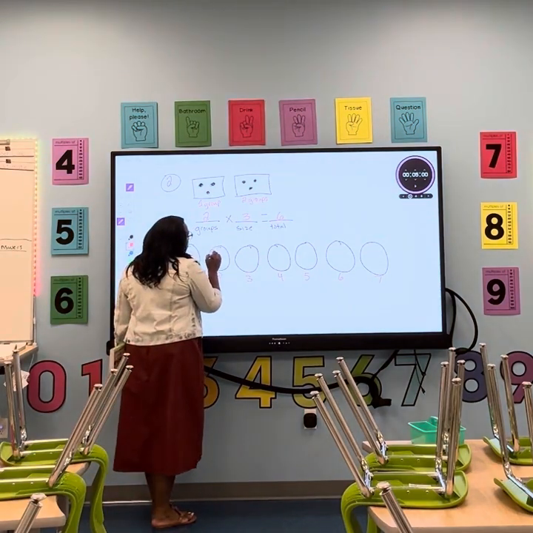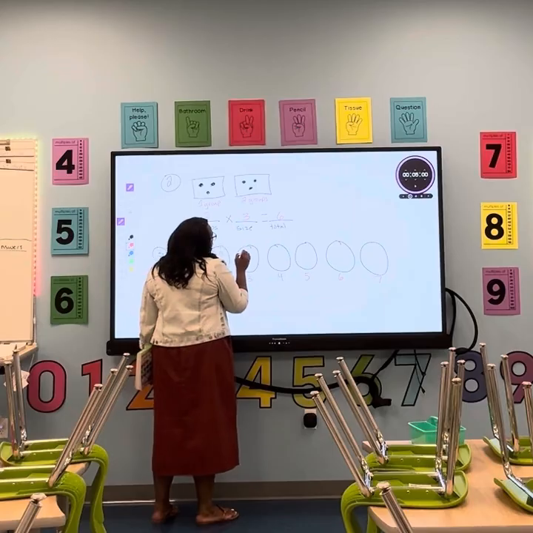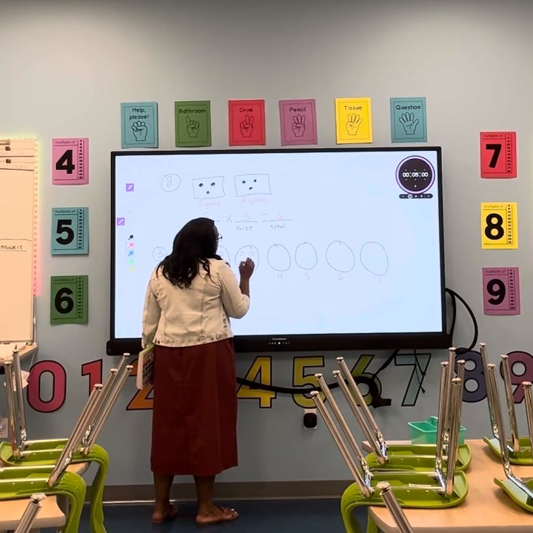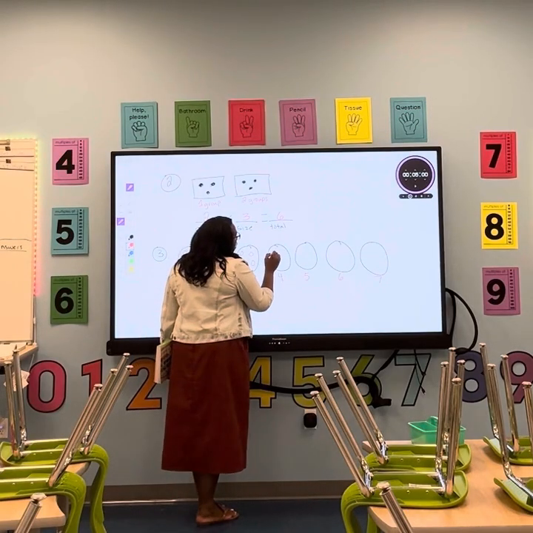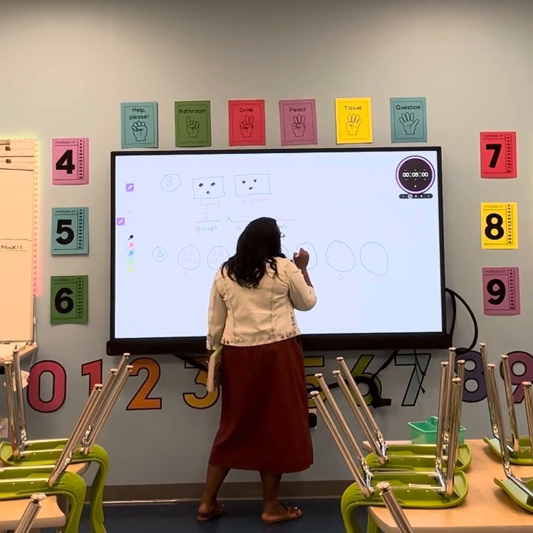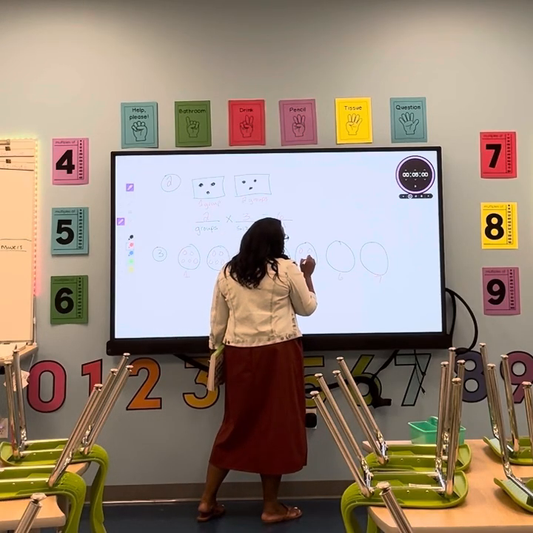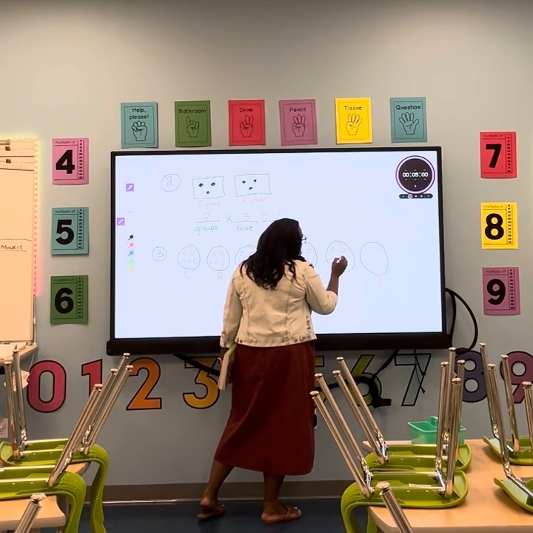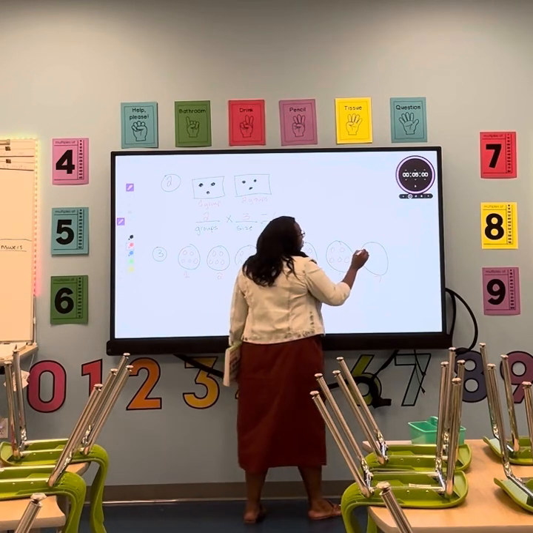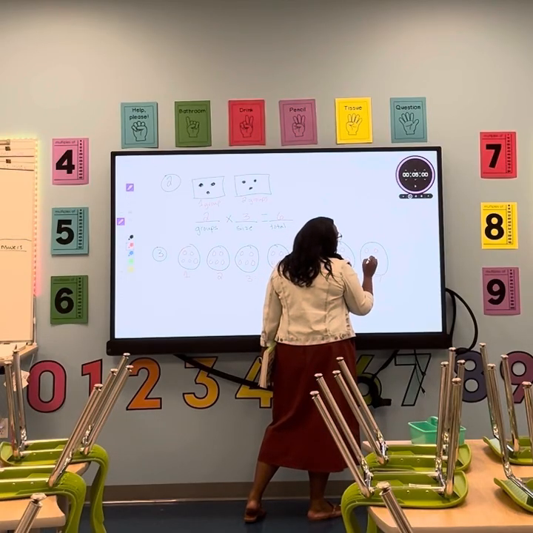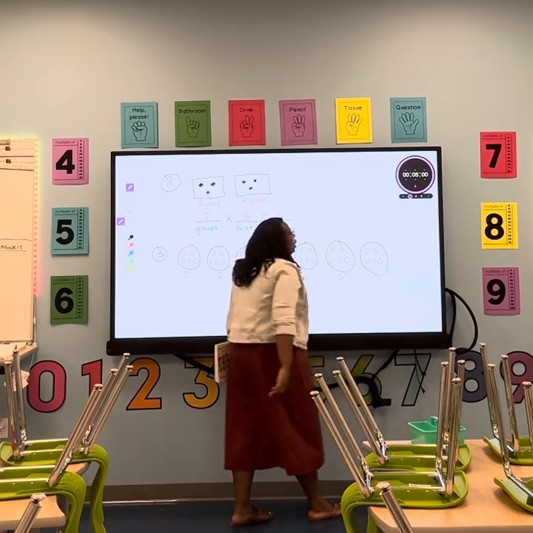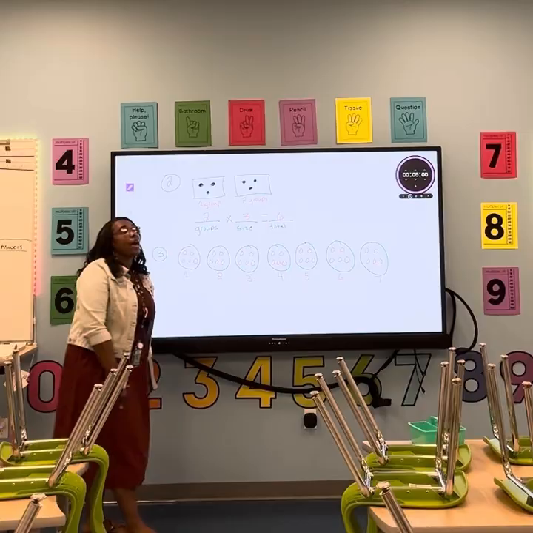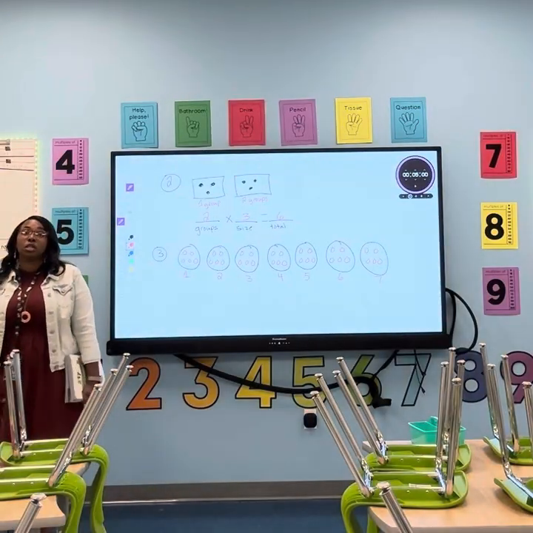Okay. 1, 2, 3, 4, 5 on each cookie. Now each cookie has 5 chocolate chips.